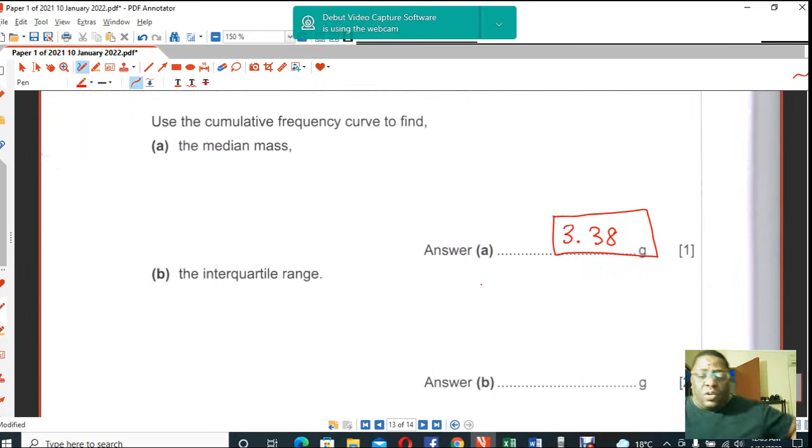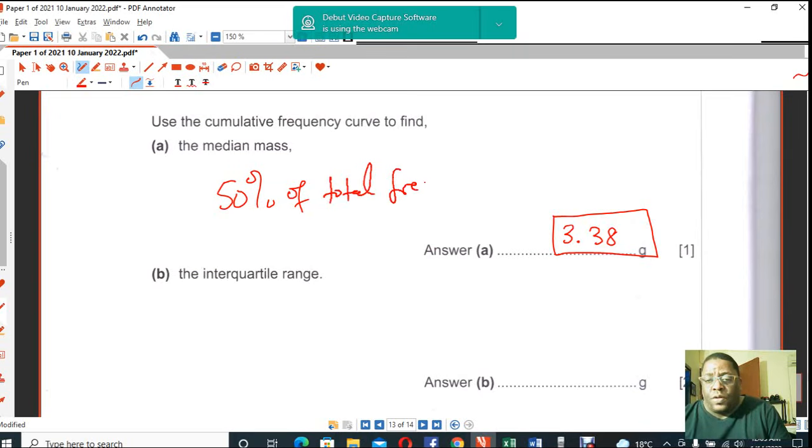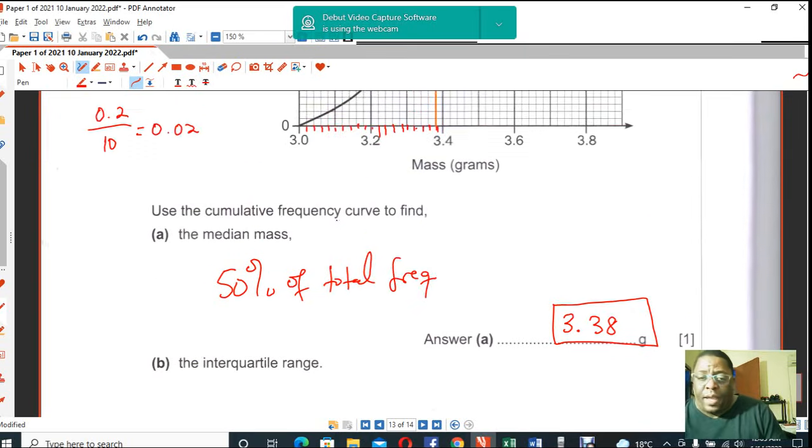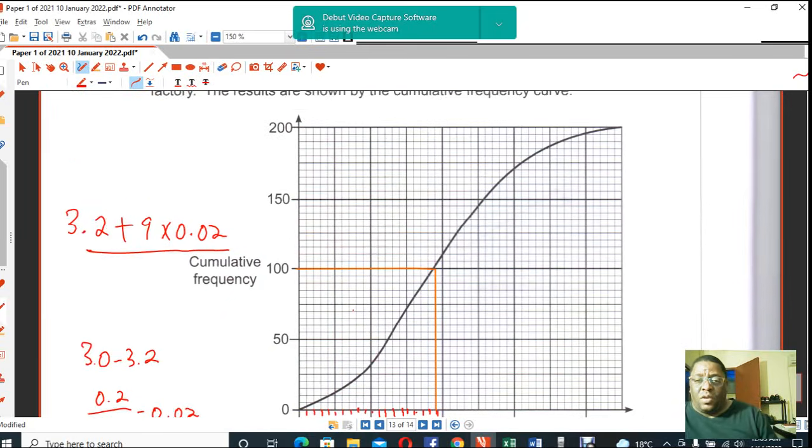The interquartile range. So the median is 50% of the total frequency. That is why I went to the 100 here, because 100 is half of 200.